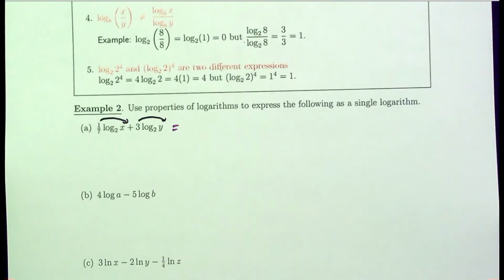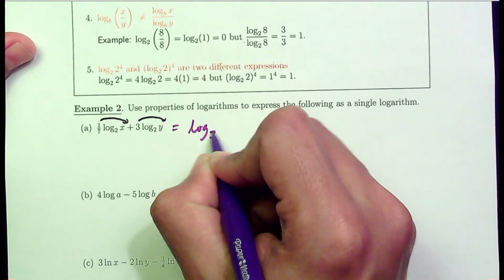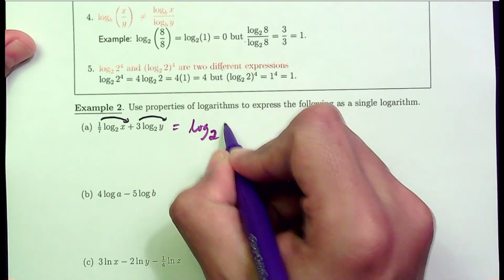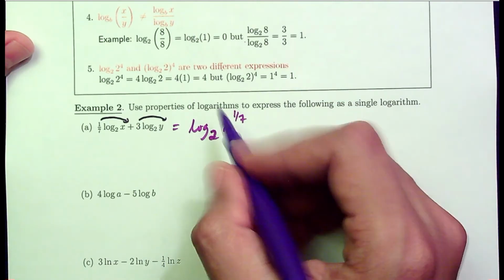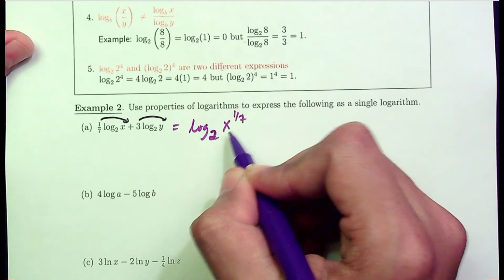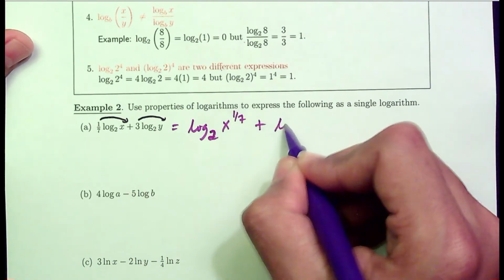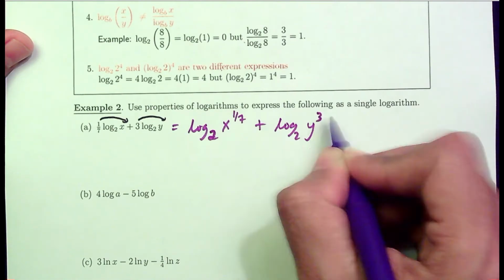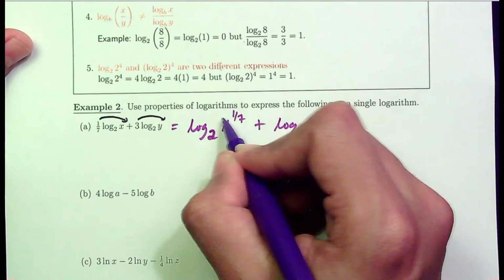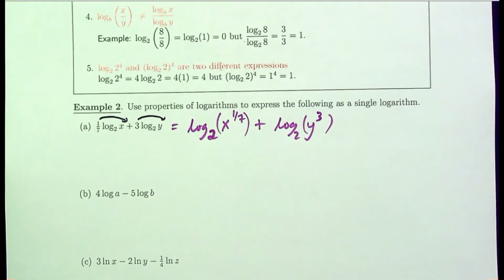So this is going to be logarithm base 2 of x to the 1 over 7, and then the next term is log base 2 of y cubed. You can put parentheses if you want to make it extra clear.